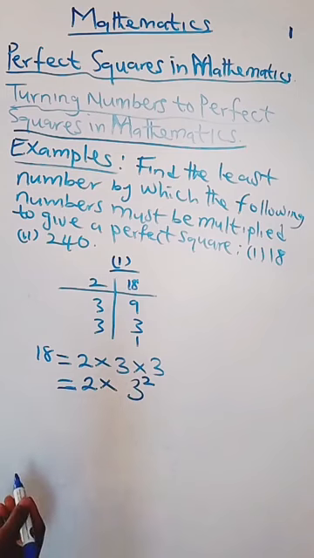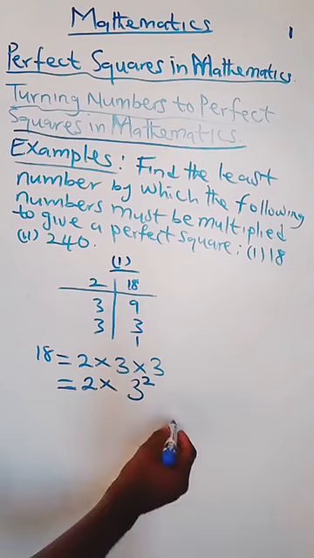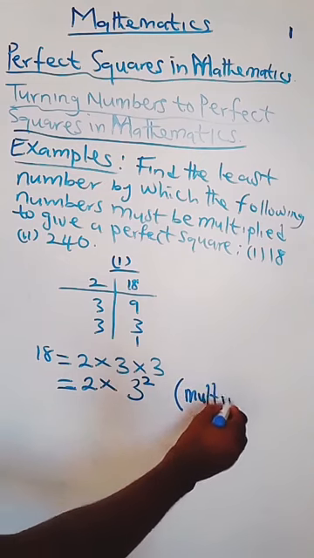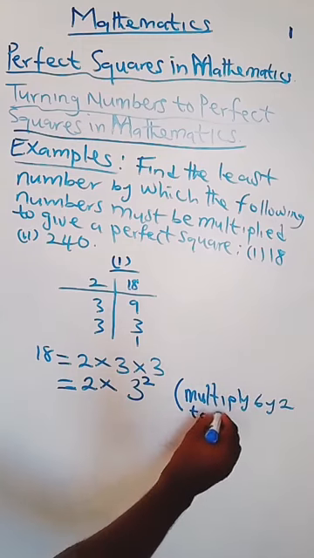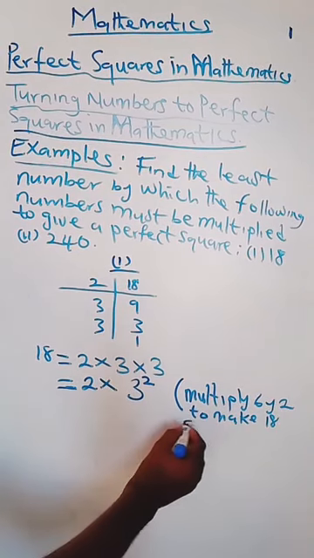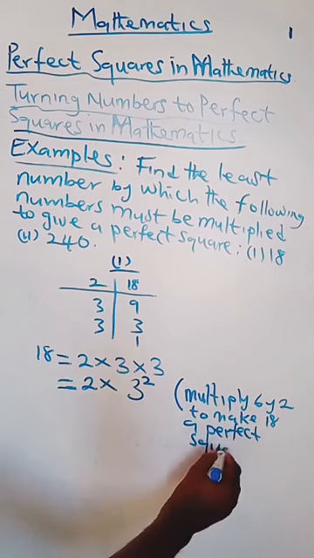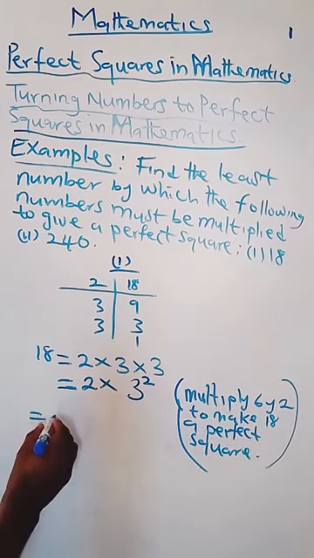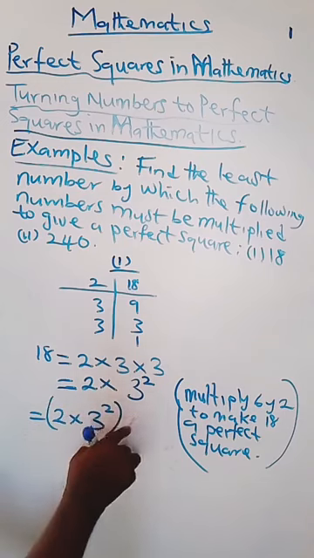So what you have to do is to multiply this number by 2 so that 18 can be a perfect square. So now, multiply by 2 to make 18 a perfect square. So this will now be 2 times 3 raised to power 2 times 2.